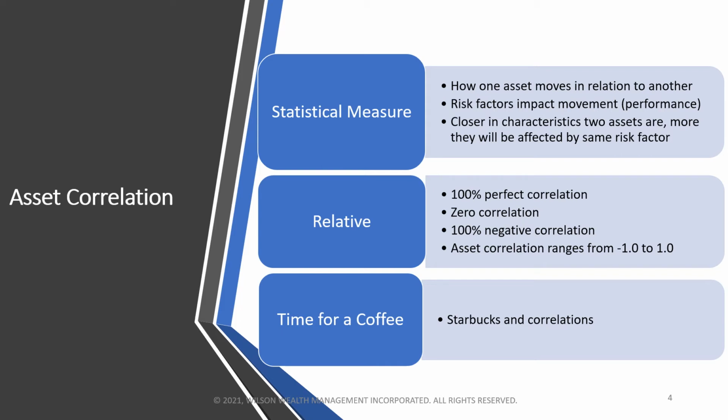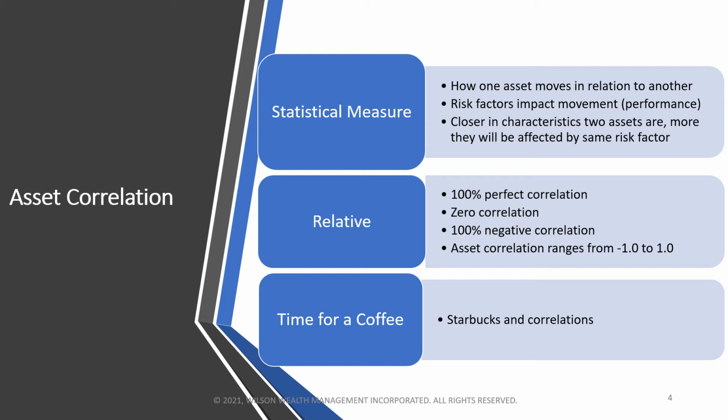And the way that it's set up, the 100% perfect and 100% negative, that creates an asset correlation value that will range from -1 all the way up to +1. And most assets or investments are not 100% perfect, and we'll see why later.